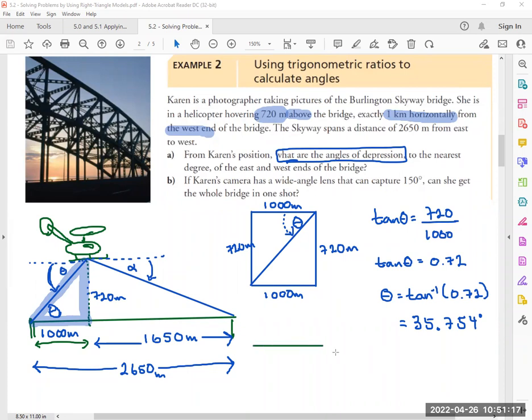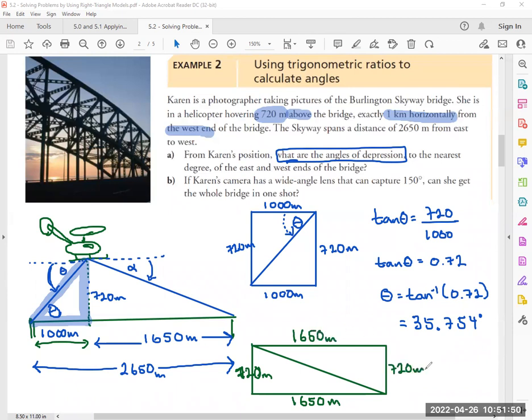Part 2, you can do the same thing here. If I know that the height of the helicopter is 720, I also know that the base of this triangle is 1,650. Well, then I know that the top of this rectangle is 1,650, and this height is also 720.